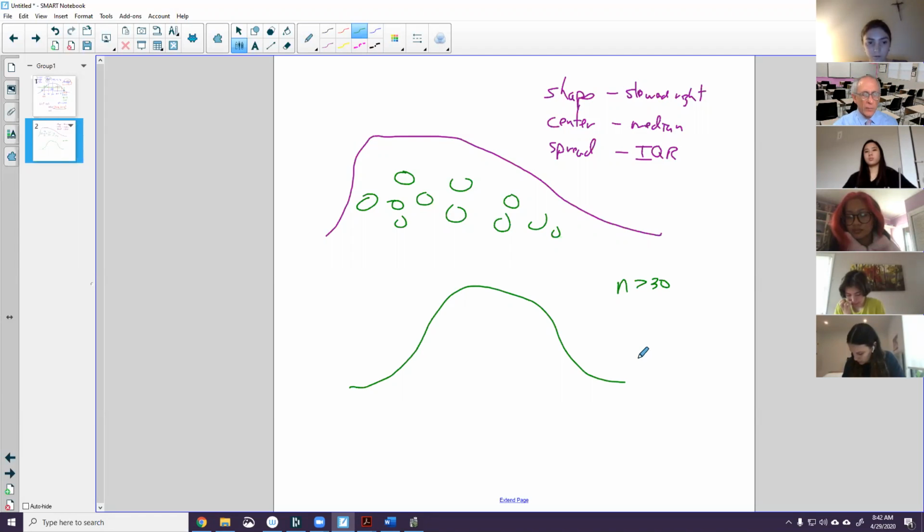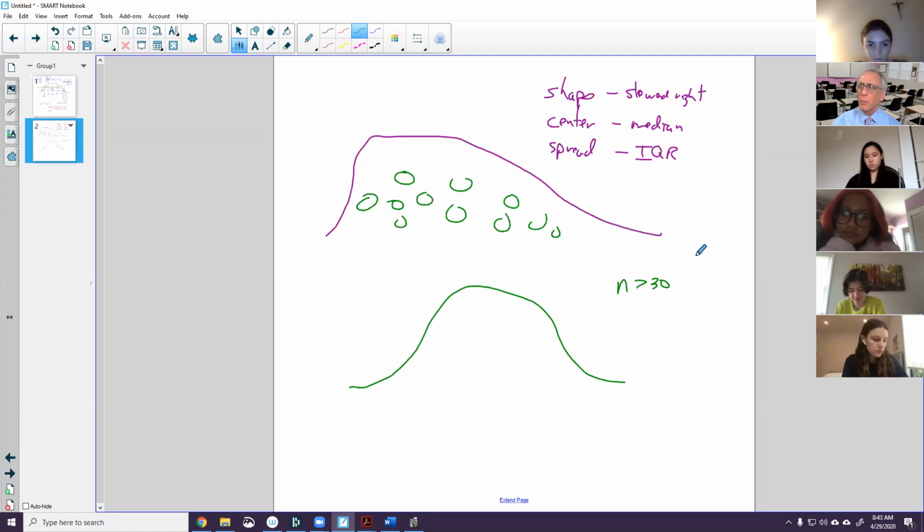So let's take another example. Remember our pennies example, where we looked at how old pennies were? The distribution was really skewed, because we had a whole bunch of pennies that were pretty young, but as we got to older and older pennies, there were fewer and fewer of them.